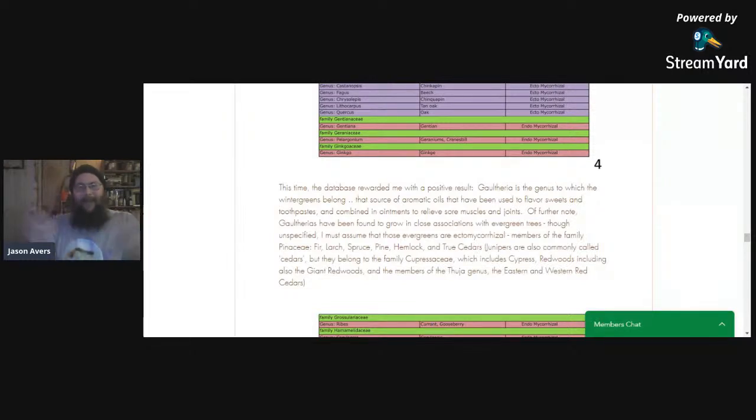And Gaultheria have been found to grow in close association with evergreen trees. Now, though the literature I was reading didn't specify what kind of evergreen trees, I'm going to assume that those evergreens are probably ectomycorrhizal and they're members of the Pinaceae family. So fir, larch, spruce, pine, hemlock, and the true cedars, not junipers, not redwoods.